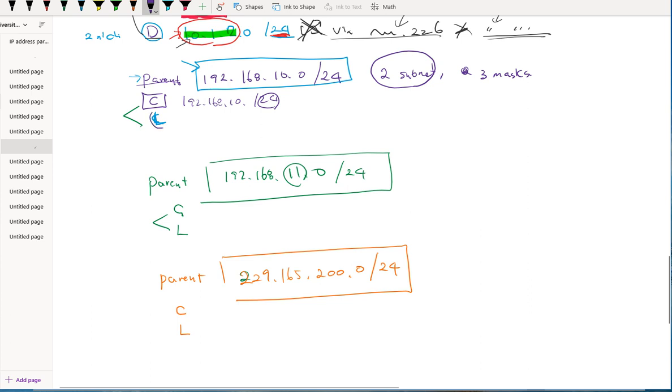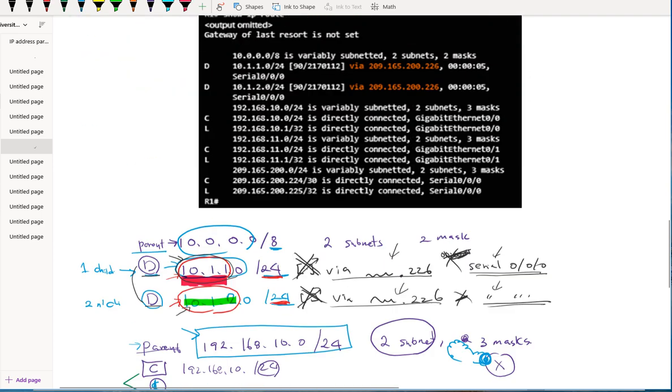For the directly connected network, for example, when you look at the router, this is the green one, right? The sky blue, so you have the sky blue, and then this is an interface, a directly connected interface. And this interface has the IP address.